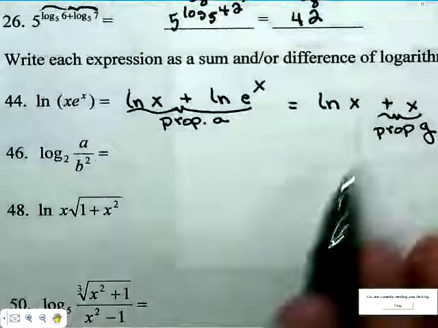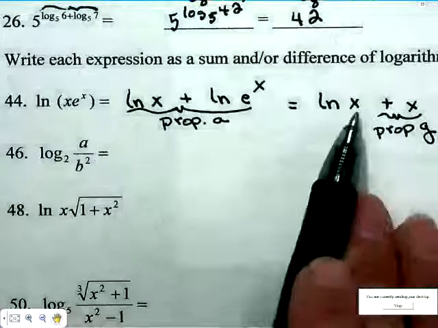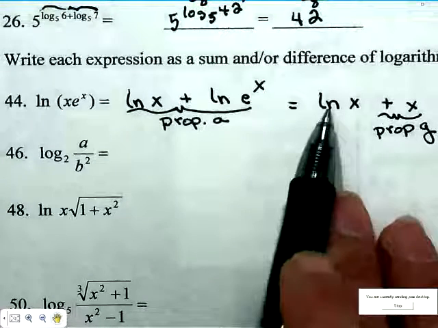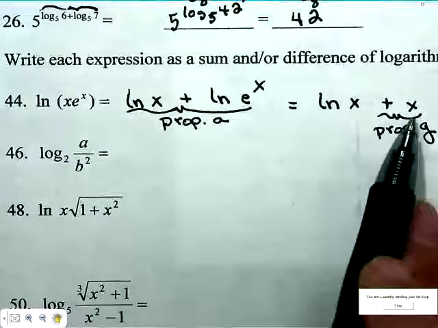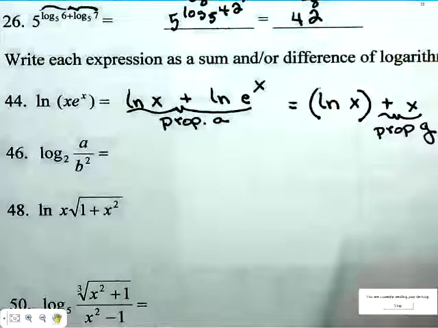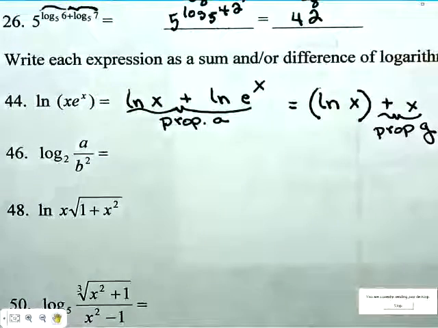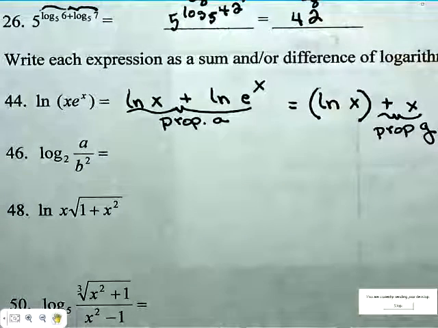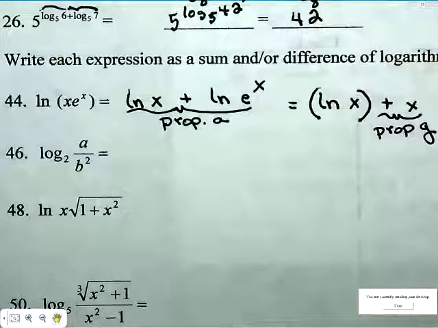Make sure that you don't try to combine those x's and say that's the natural log of 2x, because you're only taking the natural log of that first x. You don't have to have it in parentheses, but if you need to make it very clear in your head, then put in the parentheses.